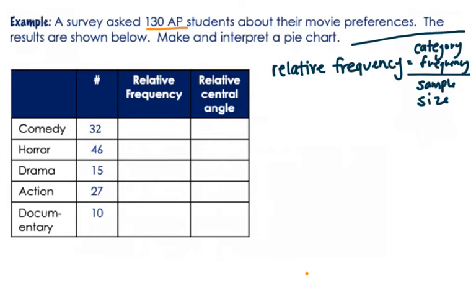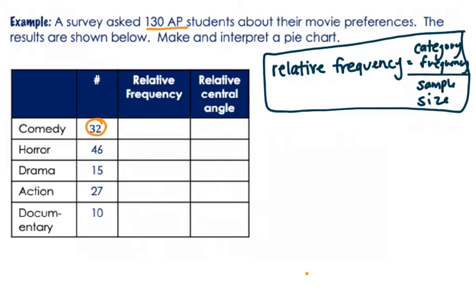All right, so over here is a little formula. Relative frequency is found if you do the category frequency divided by the sample size. So if I look at comedy is 32, that's your category frequency, divided by, there were 130. If I put that in my calculator, I get 0.246.